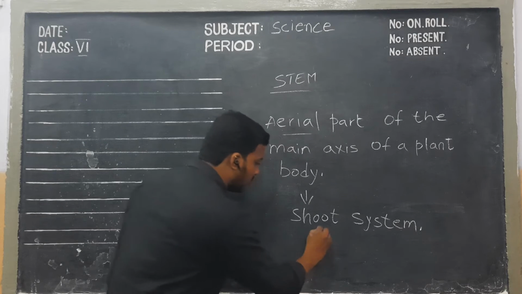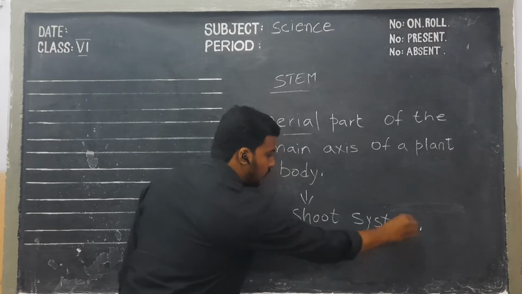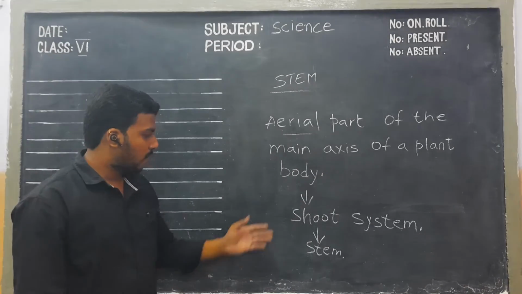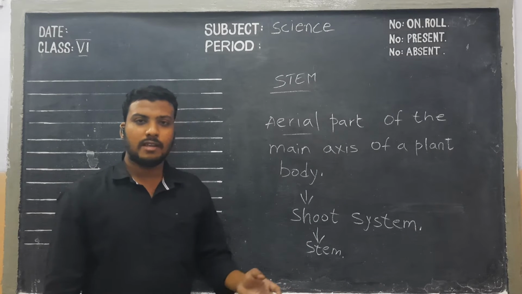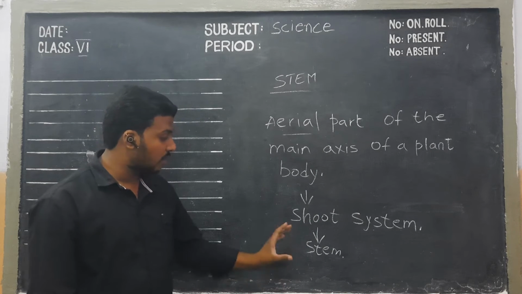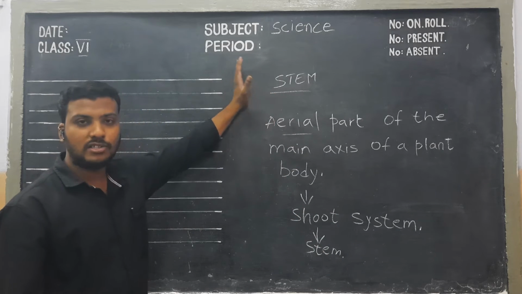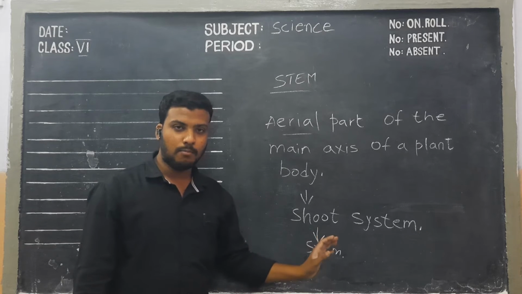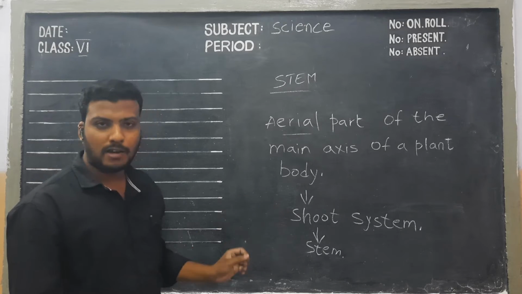The main axis of the entire shoot system is the stem. Of course, the other parts of a plant are also there: leaves and branches, fruits and flowers. But we are considering mainly the stem because we are discussing only the stem. Children, understand?